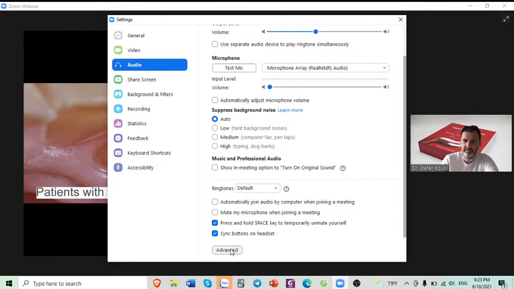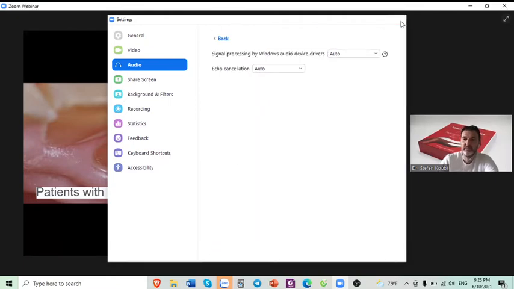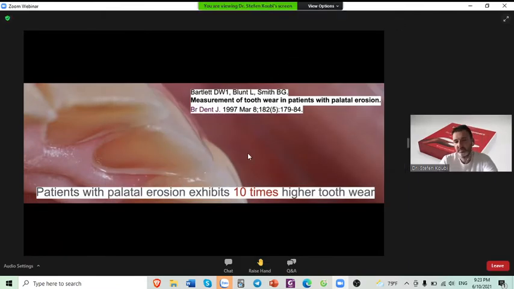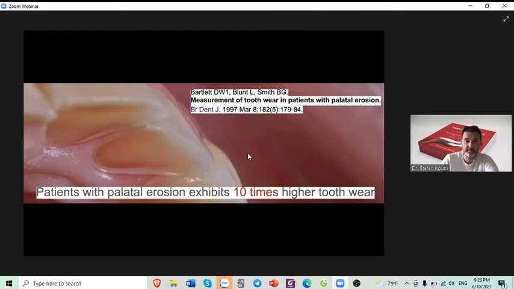That's why the destruction was very slow. Now, since you don't have any more enamel in some area, you can see that the episodes of destruction start to become more and more frequent.